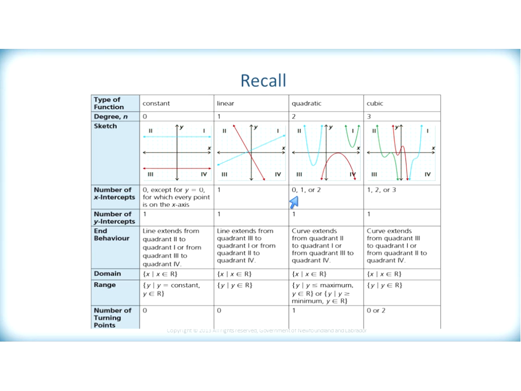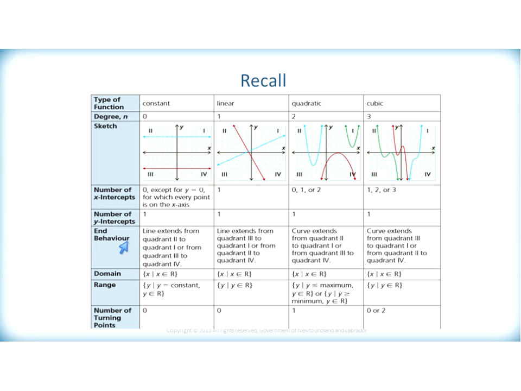For a quadratic, there could be 0, 1, or 2 x-intercepts, a maximum of 2, of course. A cubic would have 1, 2, or 3 x-intercepts. Of course, the degree of a function tells us the maximum number of x-intercepts. The number of y-intercepts for each of these functions would be 1.